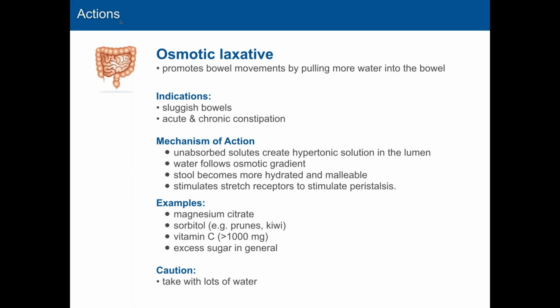By doing that, you're increasing the volume of the stool by increasing the amount of water, and that stimulates stretch receptors in the lumen of the bowel. That helps to hydrate the stool and also increases peristalsis. So when someone has milk, that's one thing that happens.